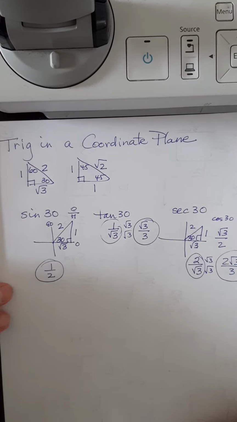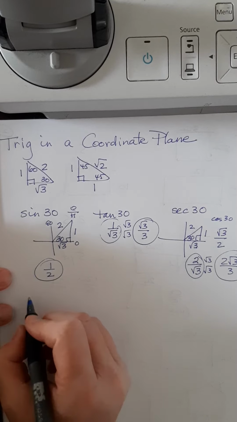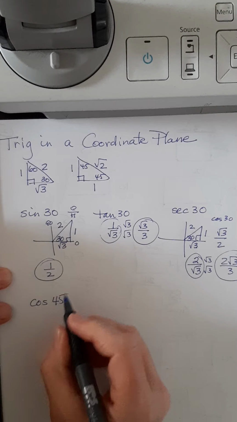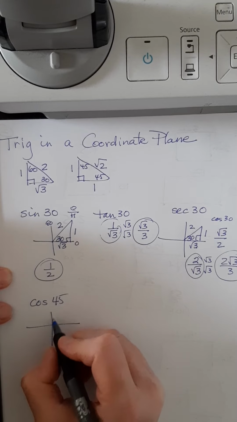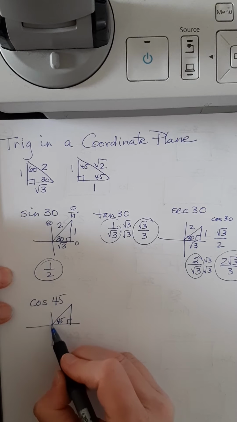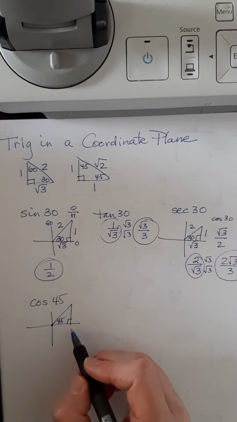And so you can do it whether it's 30, 60, or 45, and if it's in the first quadrant, once you find it, you're done. Let's do one more, maybe cosine of 45 before we shift it. So notice how it's called a reference angle, is always there at the origin. The triangle always goes back to the x-axis.